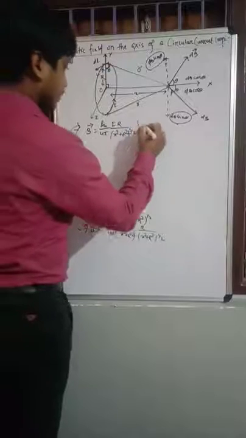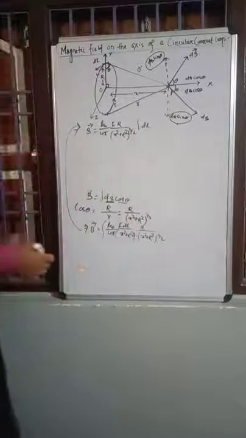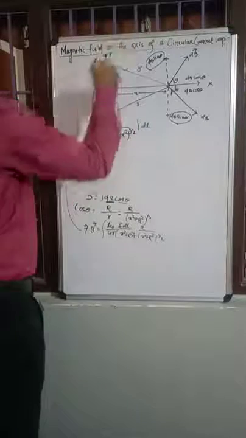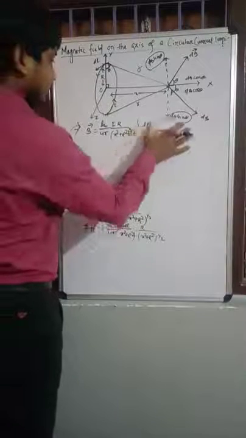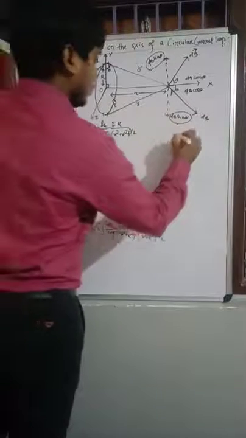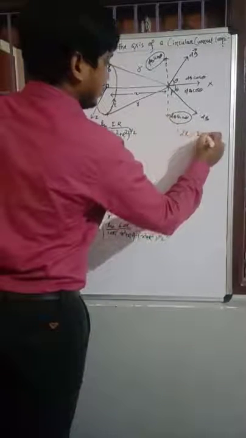Integration over dl. Now if you integrate the length over the loop, it will come to the circumference, 2 pi r. So I am directly writing the integration over dl will be 2 pi r.